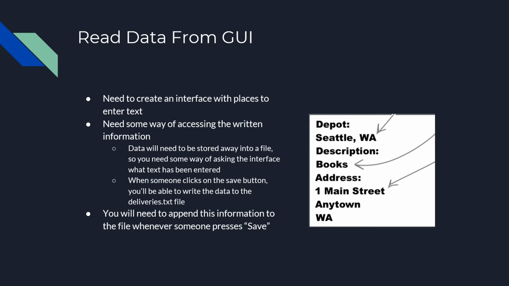Also, you will need to append this information to the file whenever someone presses Save. So, for example, someone could enter Seattle, Washington for depot, books for description, 1 Main Street, Anytown, Washington for address. When the person clicks Save, the data will be saved into the deliveries.txt file.